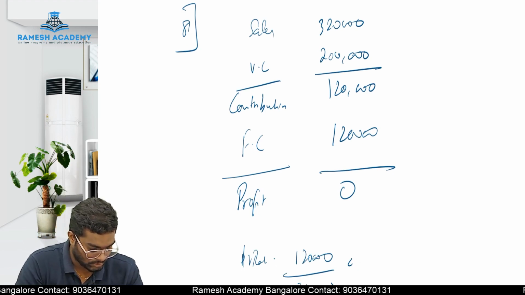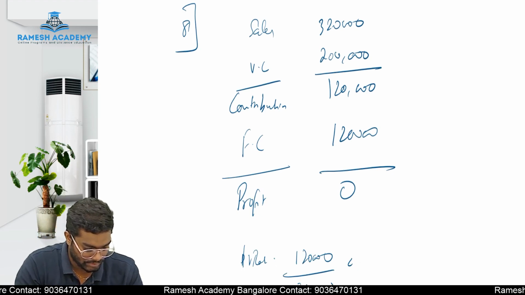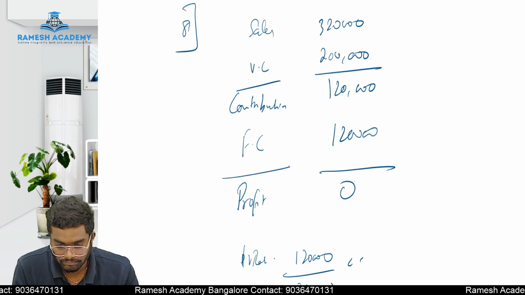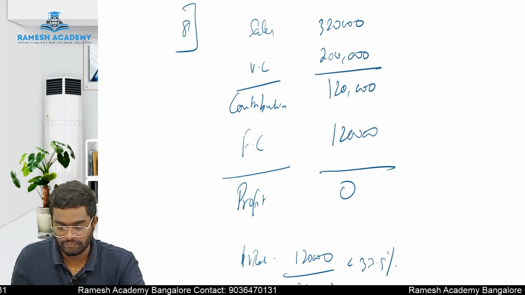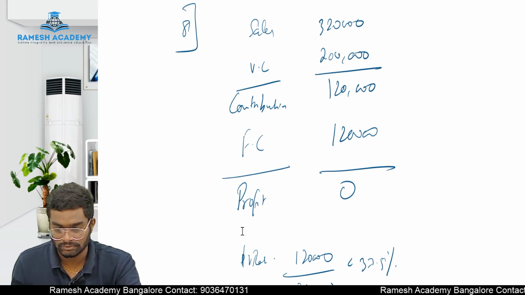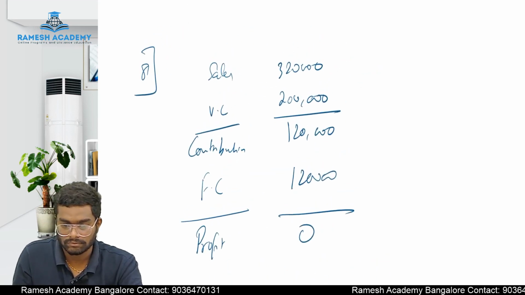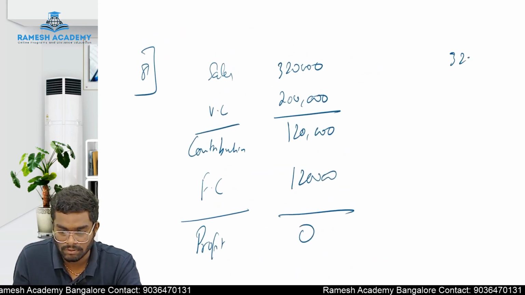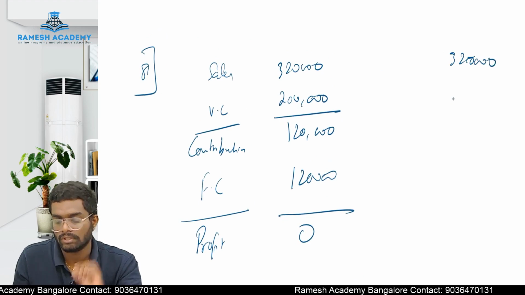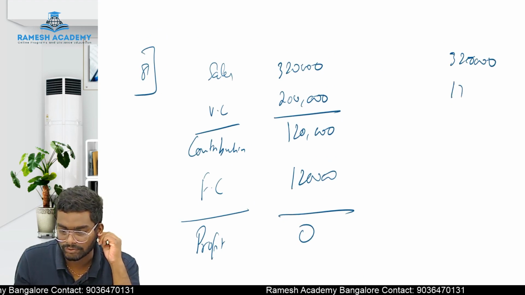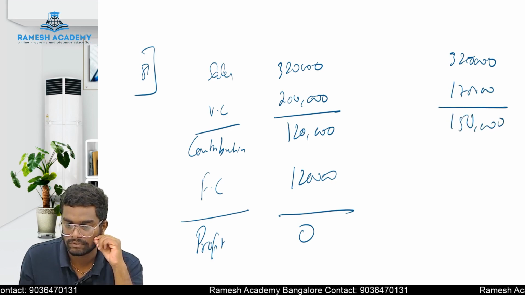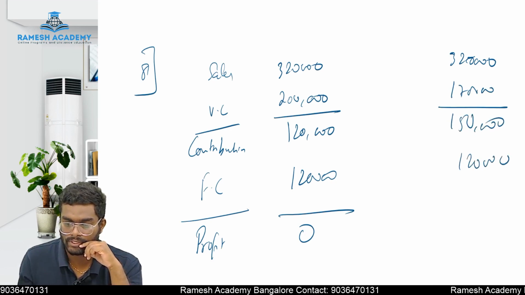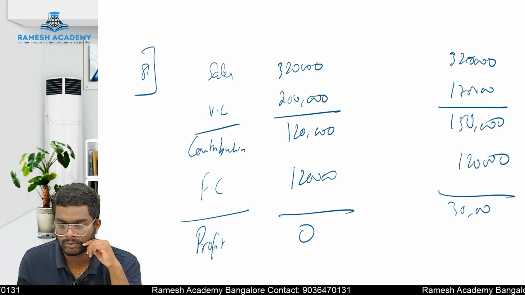It is 37.5. Okay, now the variable cost is dropped, they are telling. So my sales will be the same. Variable cost is dropped by 30,000, which means 1,70,000. Here the contribution will be 1,50,000. So anyhow 30,000 is my profit.